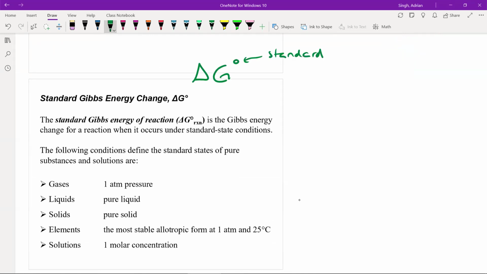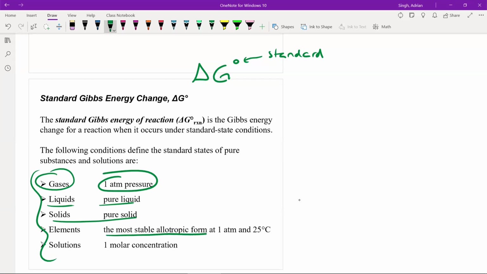For standard state conditions for Gibbs free energy, we have the following defined. Gases for standard state are 1 atmosphere of pressure. Liquids would be a pure liquid, pure solids. The elements are defined as the most stable allotrope at 1 atmosphere and 25 degrees Celsius. And then for solutions, we have our 1 molar standard state condition.